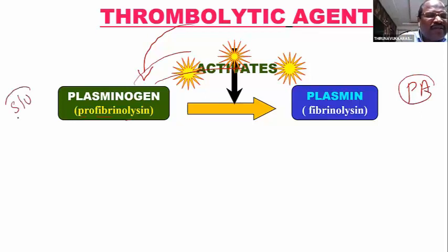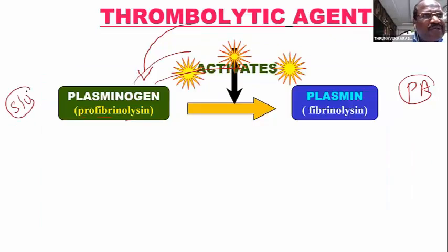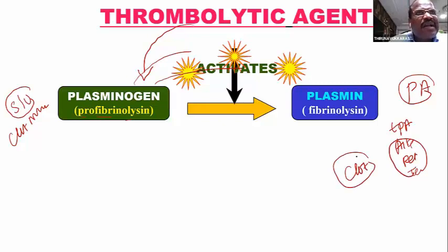Streptokinase and urokinase activate both the clot-bound plasminogen and the circulating plasminogen. They are called clot non-specific thrombolytic agents. Whereas the tissue plasminogen activators, the so-called alteplase, reteplase, and tenecteplase, selectively activate the clot-bound plasminogen. They are called clot-specific thrombolytic agents.